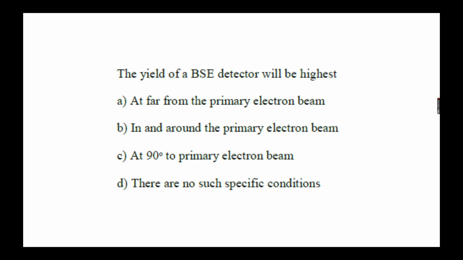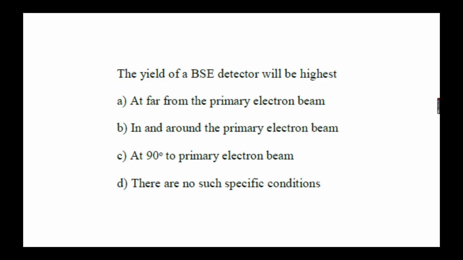Fine. The yield of a BSE detector will be highest where? I just explained this a minute ago, where you can mostly get the signal of BSE. Is it far from the primary electron beam, in and around the primary electron beam, at 90° to the primary electron beam, or is there no such specific condition?